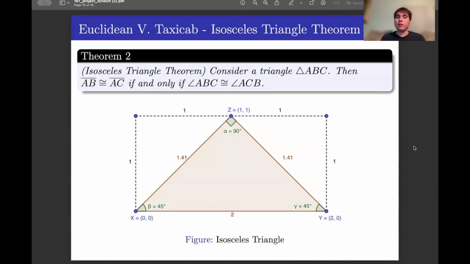And since they are congruent line segments, this would imply that their corresponding base angles must also be congruent, which would be angle Z and angle Y. However, from the figure, we can tell that angle Z measures out to be 90 degrees, while angle Y measures out to be 45 degrees, which are not equal to each other, and thus the isosceles triangle theorem fails for this reason.